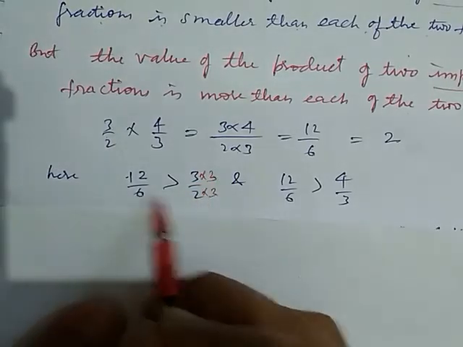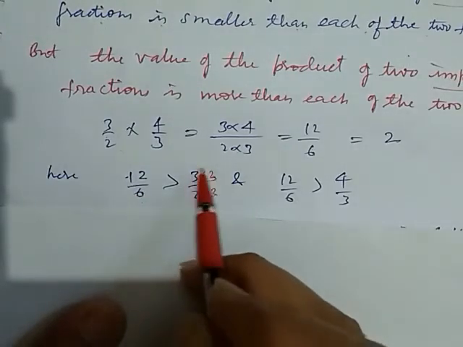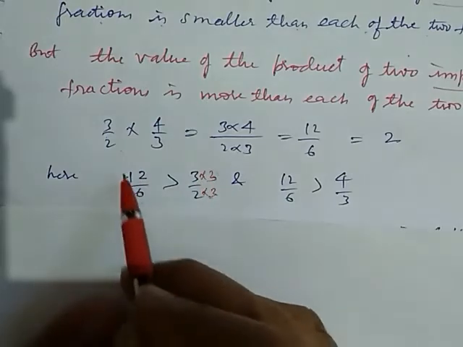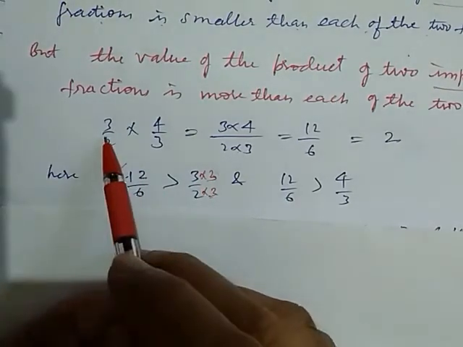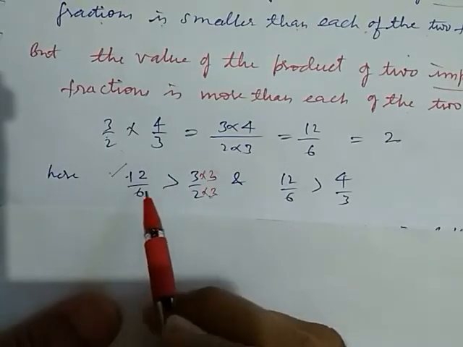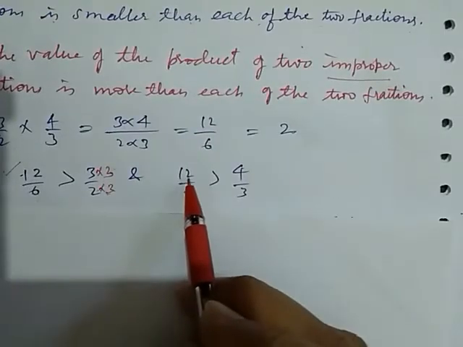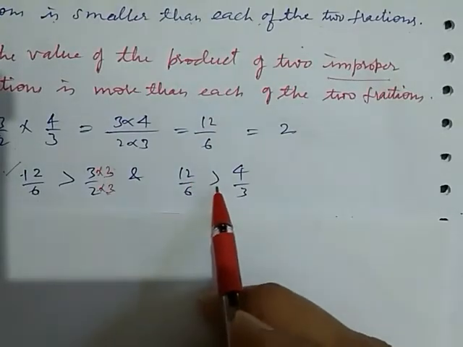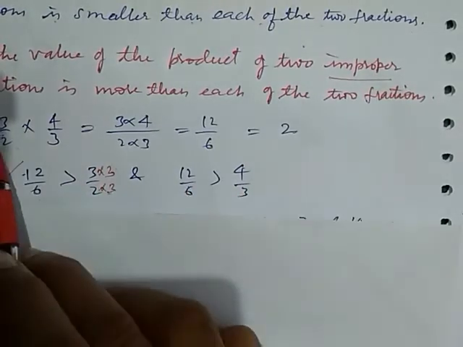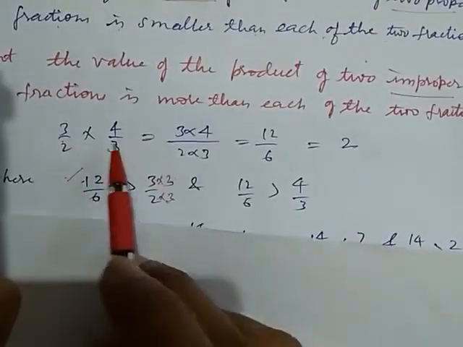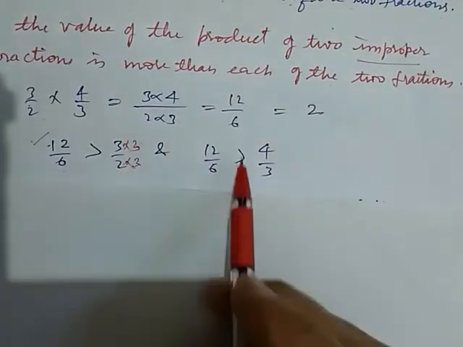So the denominators are equal, they are like fractions, and we see that this is 9 but here 12. So this is greater. Okay. So the product of two improper fractions is greater than the improper fractions. Also here 12 by 6 is greater than 4 by 3. So the product of two improper fractions is always greater than those improper fractions.